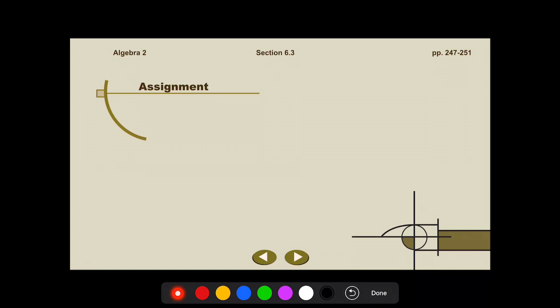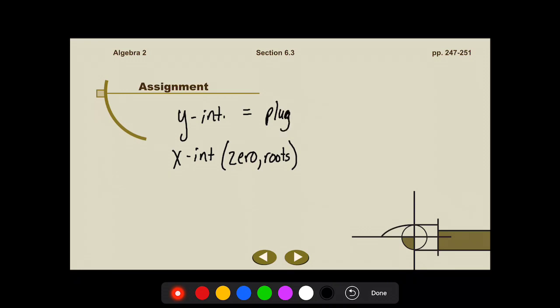The key concepts again today were how to find the y-intercept and the x-intercept. Remember, the x-intercept is also called zeros or roots. It's all the same thing. To find the y-intercept, we literally plug in 0 for all of the x's.